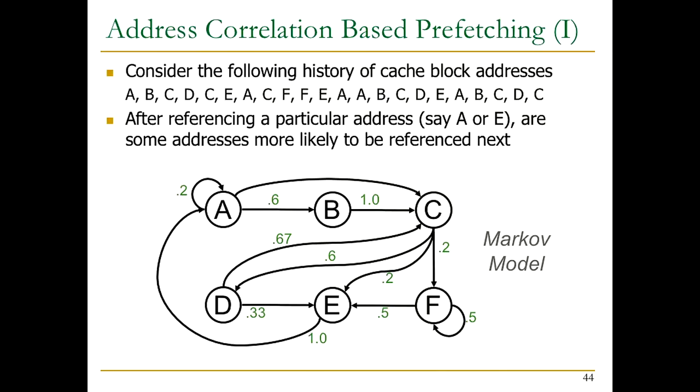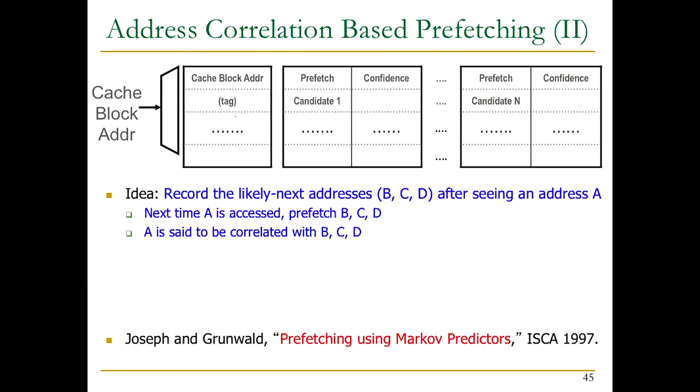Assuming the linked list is not getting modified, right? Okay. So that's the idea of Markov prefetching using Markov predictors. And you can decide how to implement this. There are many different potential implementations. It's an expensive implementation that I'm going to describe. Basically, you record the likely next addresses after seeing an address A. Let's call them B, C, D. Next time A is accessed, you prefetch B, C, D.